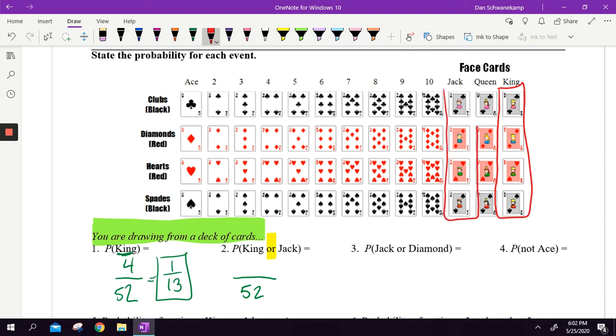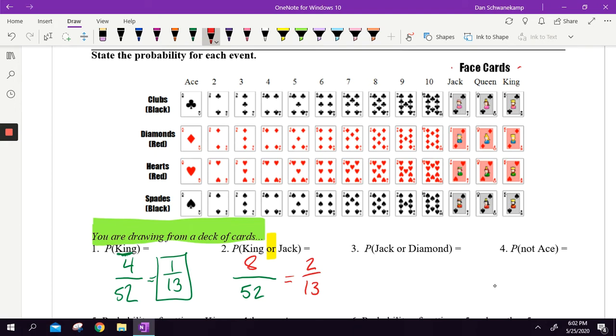Or in other words, how many total cards are a win? 1, 2, 3, 4, 5, 6, 7, 8. There's 8. 4 plus 4. Again, the or means add. There's 8 possible wins. Or in other words, 8 out of 52, we could reduce that to 2/13. I could divide them both by 4. You can also think of this: there's 13 columns, and 2 of the columns are a win.